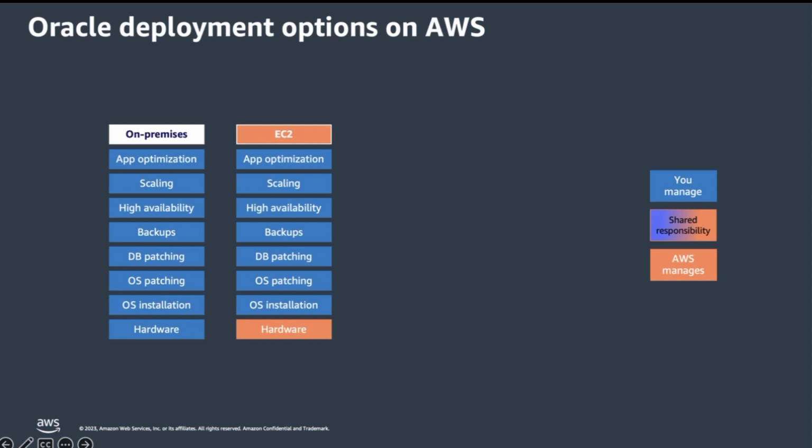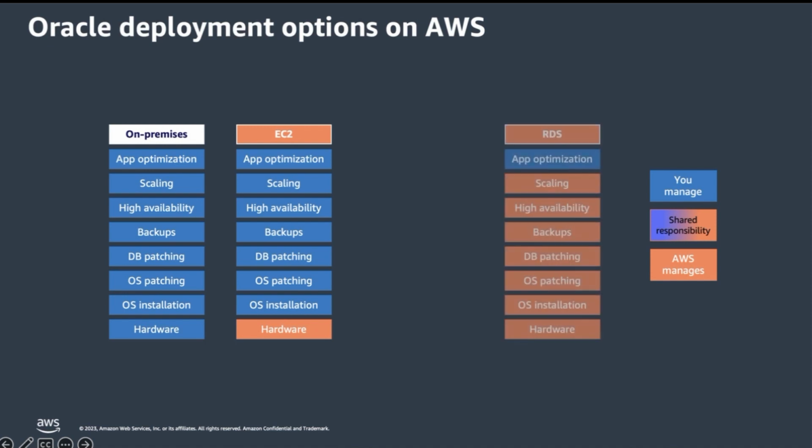With this option, you basically use the underlying infrastructure provided by AWS, and then all the other tasks, right from your operating systems to databases and setups, is something that you're responsible for. And we call this the self-managed option, right? Because you're responsible for most of it.